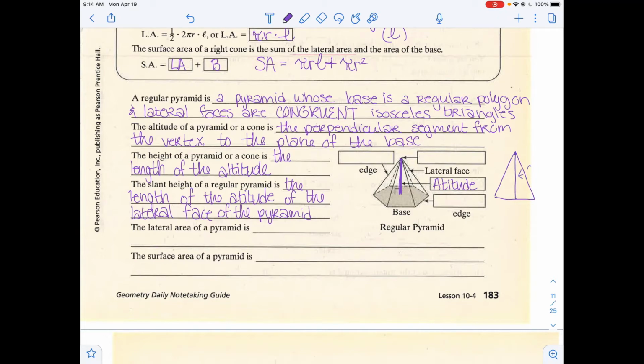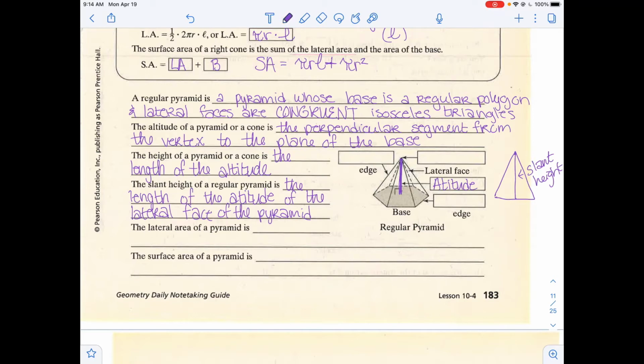This would be the slant height. Because that is going to be tilted, because when we draw the pyramid, this triangle is tilted. So the height, the altitude, and the slant height are not going to be the same thing.